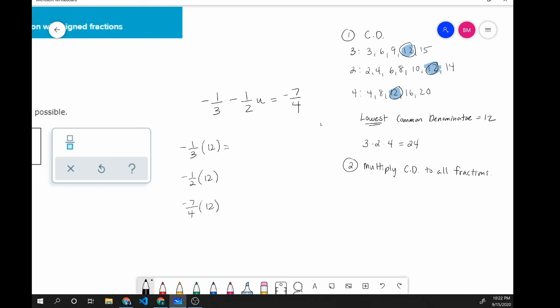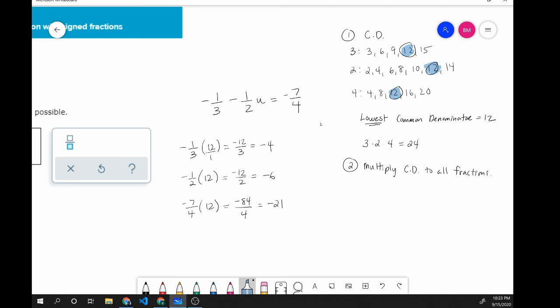So really quickly, I'll do -1 times 12 is -12 over 3, which is -4. I'll go through and do the rest of these. This last one I'm going to do -12 times 7, negative, so -84 divided by 4 is going to give me a -21.